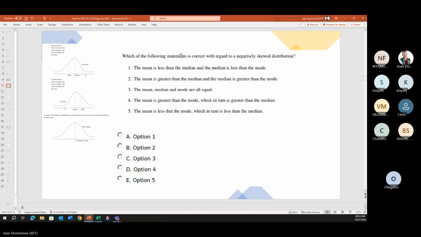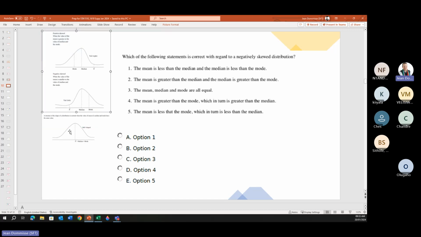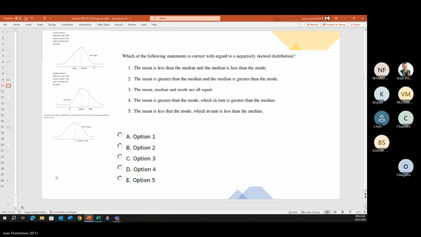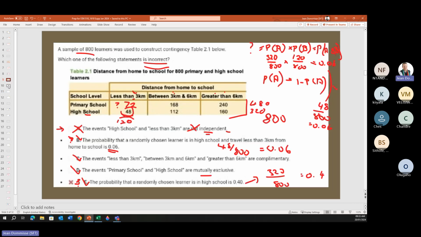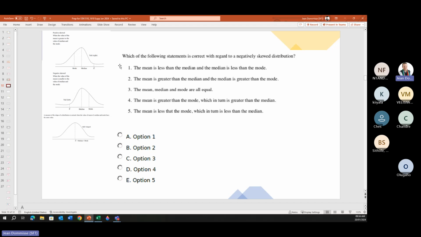So what I have added here is also on the shape of your distribution. So now you can see we actually only did one on probability. Okay, one on probability. Now we're going into shape of distribution.